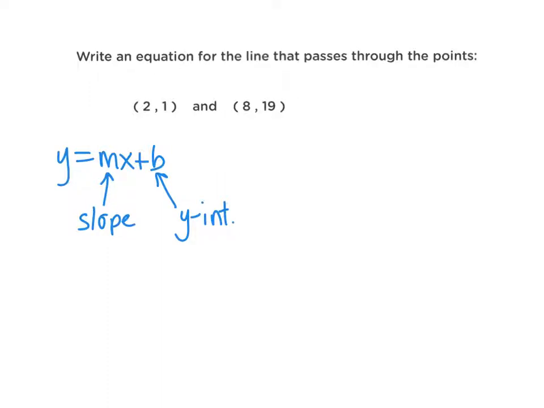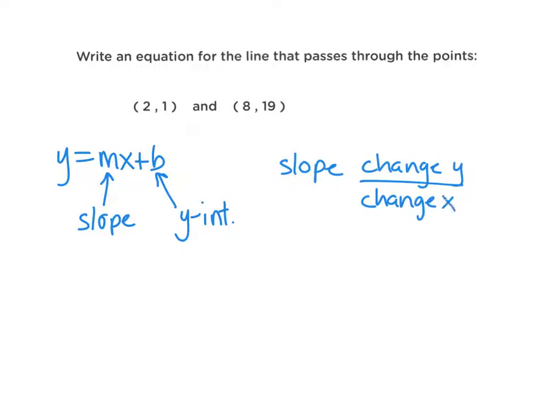So to find the slope of these 2 points, remember that slope is simply the change in y compared to the change in x. So when we look at my points, I'm looking at my y values, and it changed up 18. So my change in y is a positive 18.